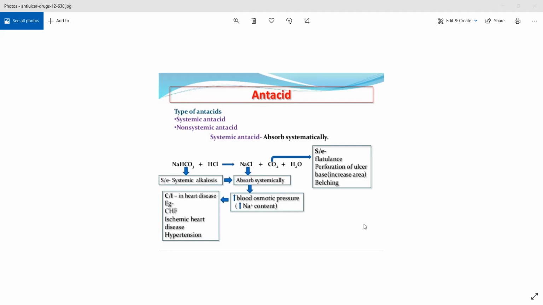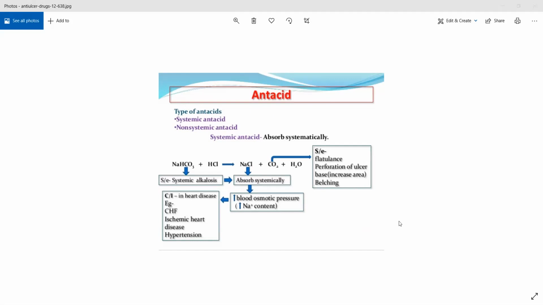That can be harmful to patients who have cardiological problems. Especially, it is contraindicated in patients who have congestive heart failure or ischemic heart disease or hypertension or any other. It will even cause problems in patients who have arrhythmias. Okay, because increased amount of sodium present in your blood can create problems in proper rhythm of your heart.